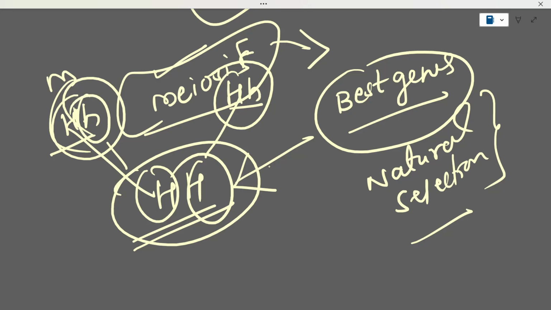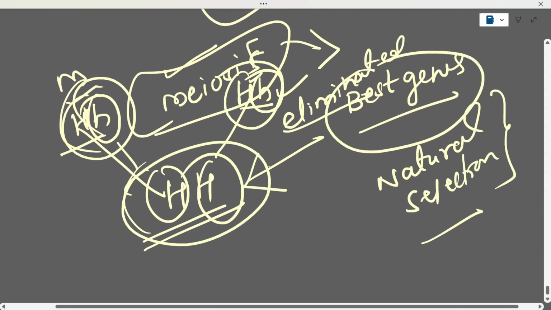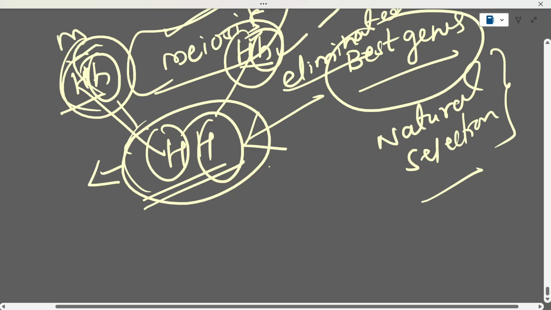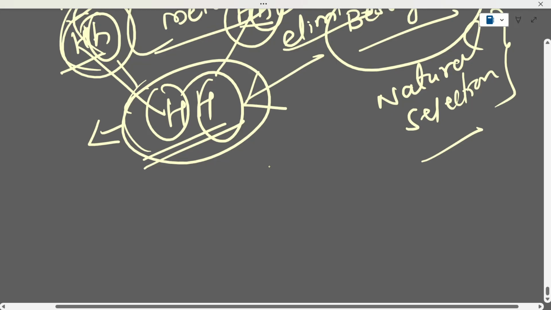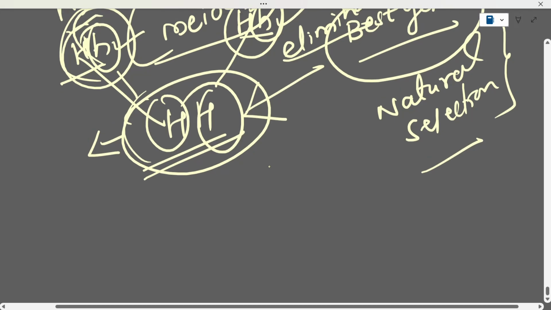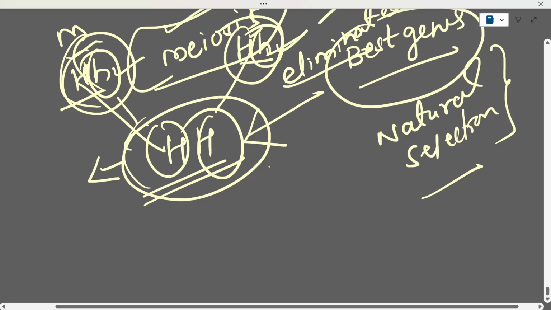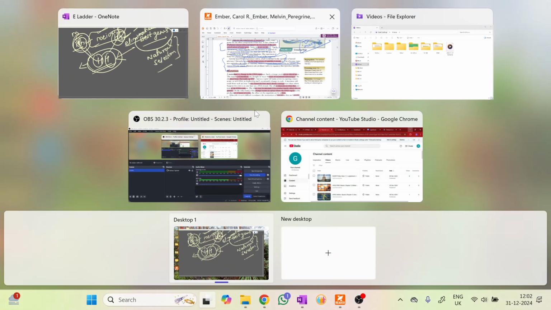Then the less fit, the recessive ones, have been eliminated. They are no longer useful. So the offspring of this particular individual will not inherit those recessive genes. They are hereby eliminated from the lineage completely.